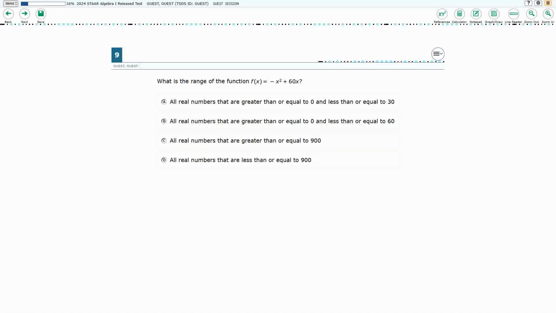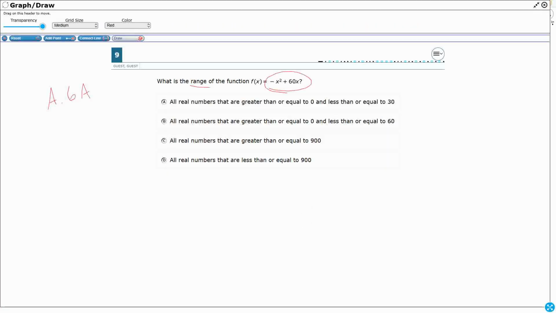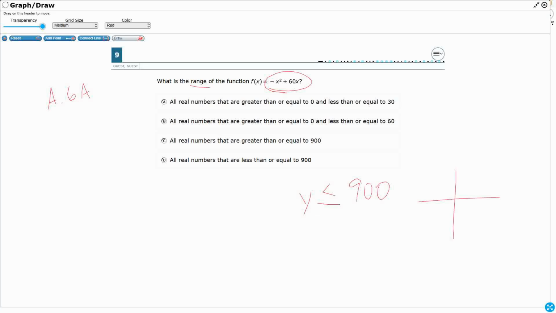So we can say that we need, let's get that back open. Y is going to be less than or equal to, what did we say our maximum value was? 900, right? And that was 30 and then 900.